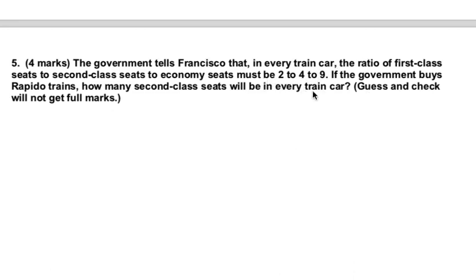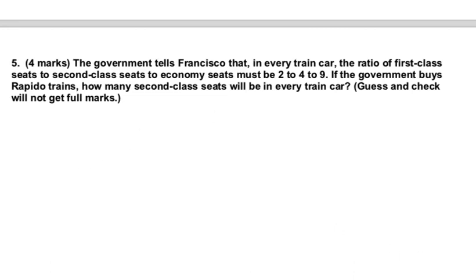For example, I couldn't have exactly 20 seats on this car. Because if I had 20, then there's no way to get a ratio of 2 to 4 to 9. The only way that I'm going to get an exact ratio of 2 to 4 to 9 is if, when I add these together, 2 plus 4 plus 9, you get 15, the number of seats in that car is going to have to be a multiple of 15.